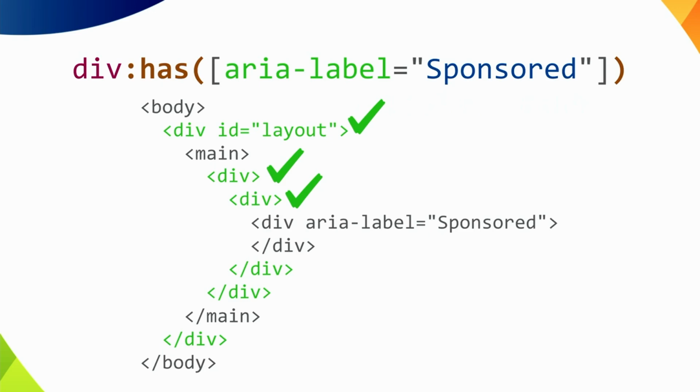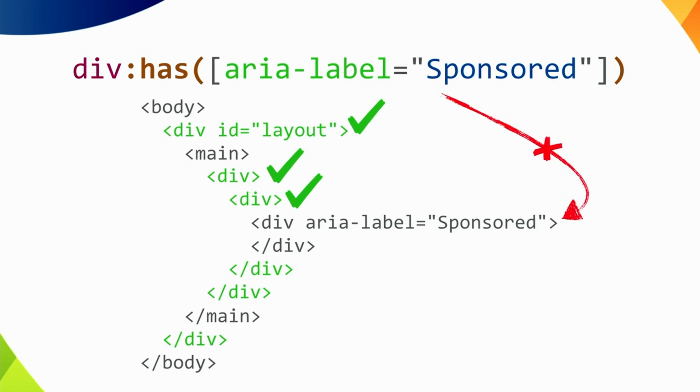And there is something else I want to call out here before moving on, which is a conflict between what the CSS syntax means and natural language processing of English. Okay? It makes sense in human conversation to say that that very innermost div has an aria-label attribute with a value of sponsored. Okay? But that's not a CSS has. So that aria-label div is never going to be selected by this has.